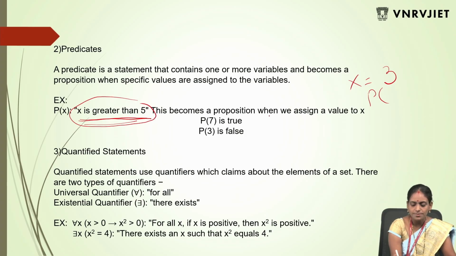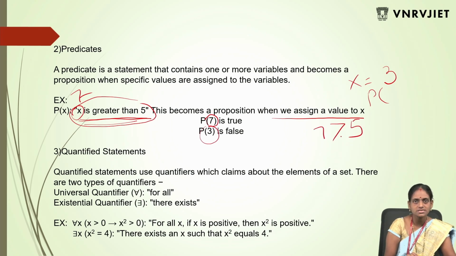This becomes a proposition when we assign some value to x. Here x can be treated as 7, or x can be treated as 3. P of 7 means in place of x we replace x with 7: 7 is greater than 5.